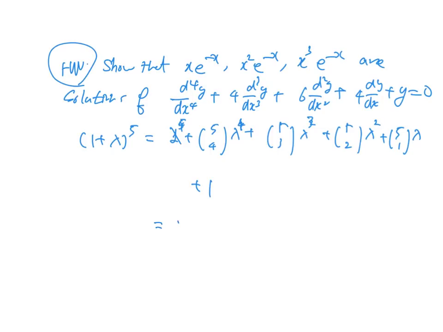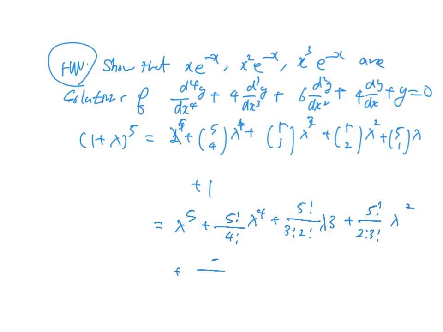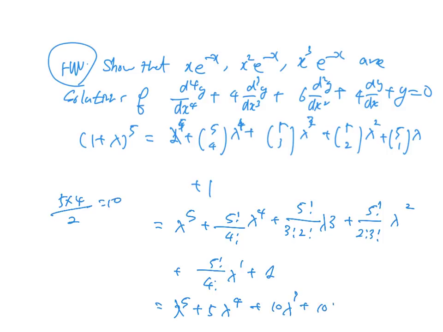So that's lambda to the 5th, plus 5 lambda to the 4, plus 10 lambda to the 3, plus 10 lambda to the second, plus 5 lambda to the 1, plus 1. So nice differential equation. I'll give you this as another homework.